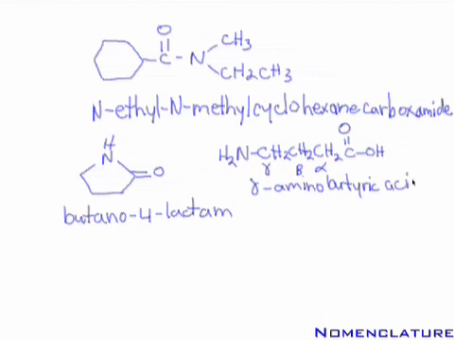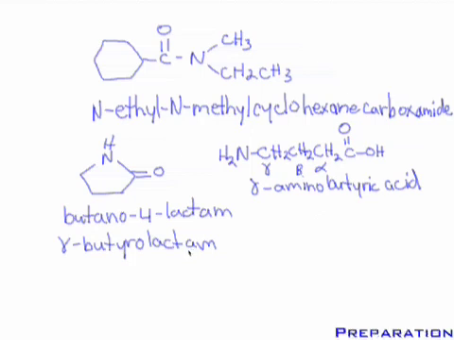Gamma amino butyric acid, for a common name, would lead to a gamma butyrolactam. Okay. So, lactams, the equivalent of lactones, and there you have it for the nomenclature of amides.